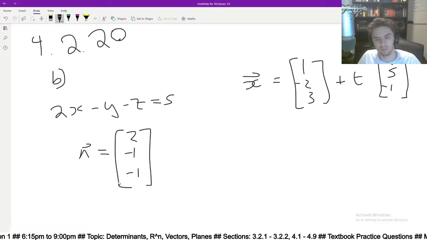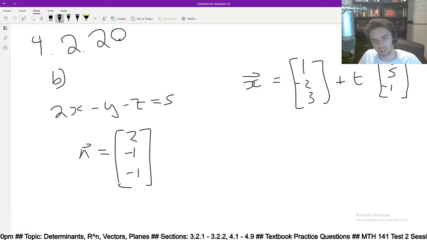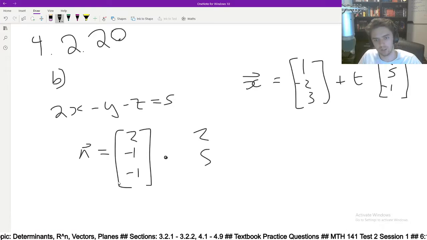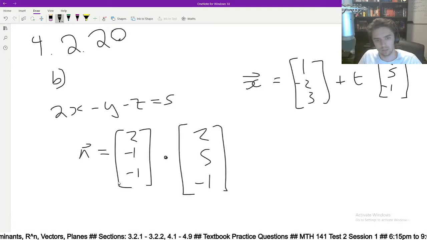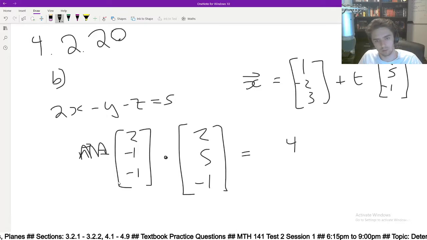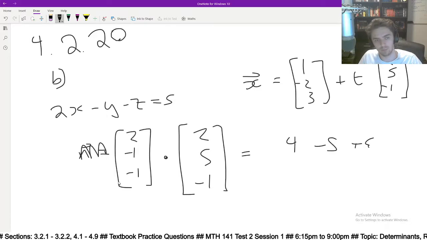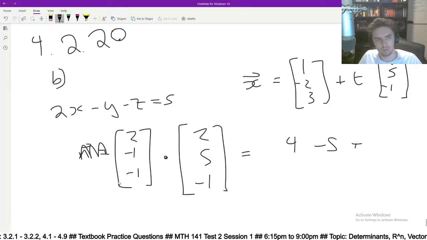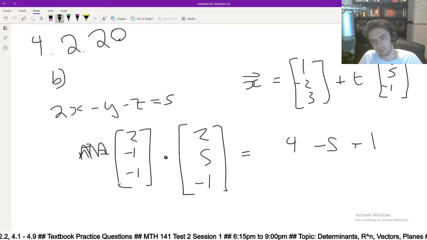Oh. Will it? I think it might. Yeah, if I take the normal vector and dot it with the direction, let's see what happens. So that's going to be 4 minus 5 plus 1, in other words, 0.